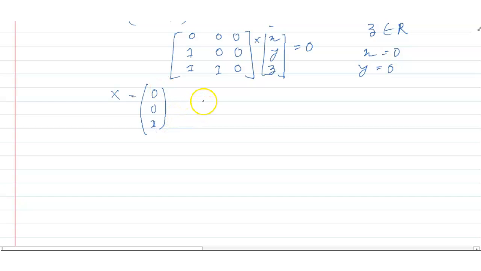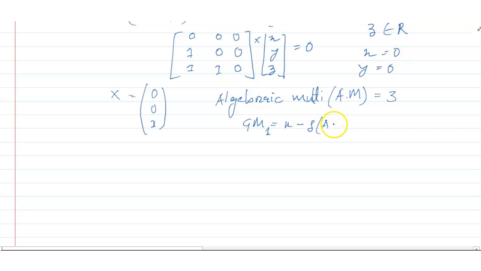And the algebraic multiplicity, this is called AM, whatever we get, the AM value is 3, and the GM value is GM of lambda 1 is equal to n minus rank of (A minus I), and we get 3 minus 2 equals 1.